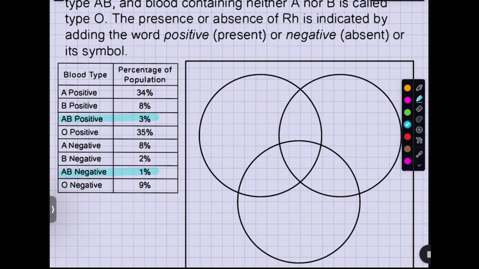So what's AB? What's AB? Both have A and B, right? Is that what it says?